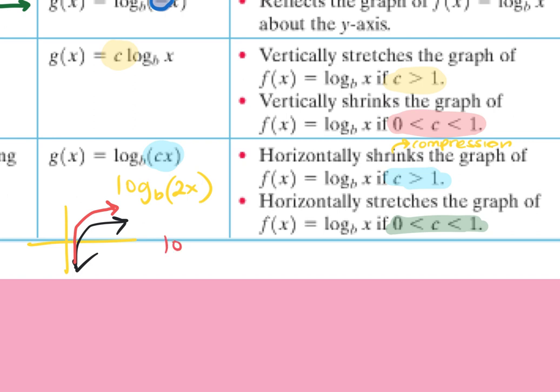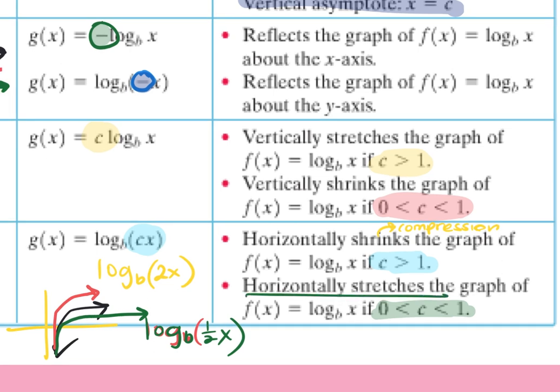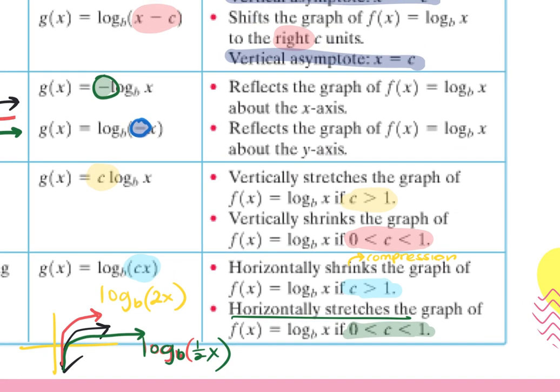So if I had log base b of 1/2 x, this is actually a stretch by a factor of 2. And if you pulled from the sides, it would pull it faster, so it would flatten it out. So a horizontal stretch looks like a vertical compression, and a horizontal shrink looks like a vertical stretch. There's almost no difference to it, okay?